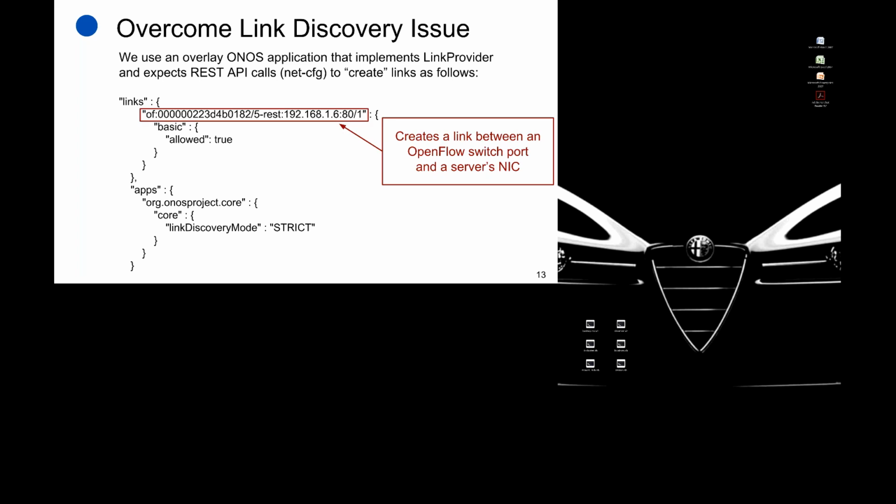In this particular example, I have created a link between an OpenFlow switch and a port in a server. By this means, we can have a link discovery application in ONOS that can take this kind of event and add it into the system.